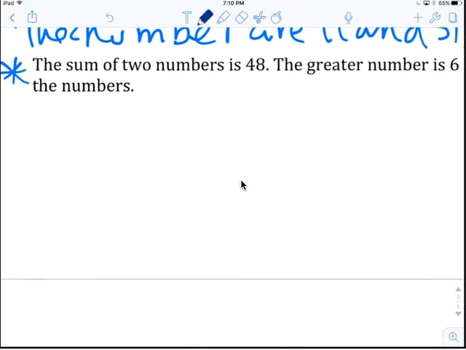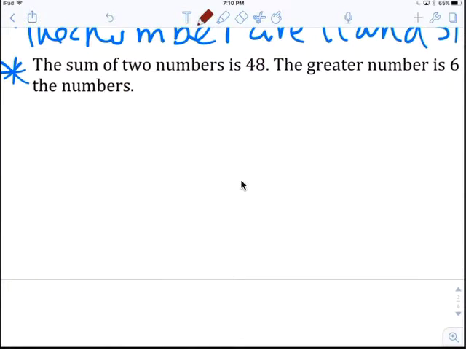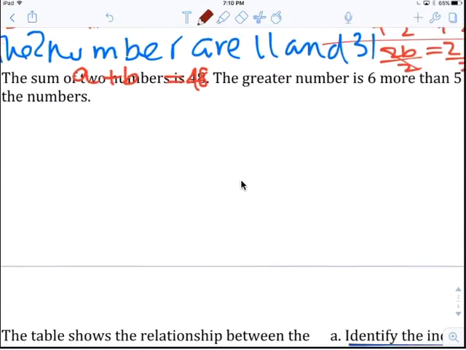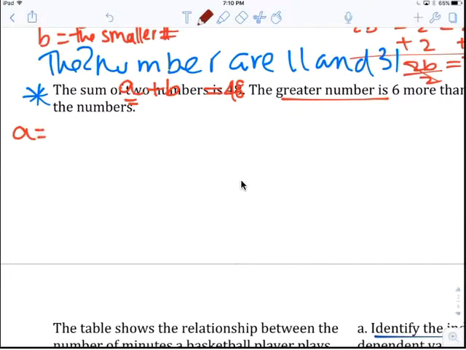Okay, or this one will be on the test, most likely. I think it's a little bit harder. The sum of two numbers is 48, so A plus B is 48. The greater number is A. B is the smaller number.